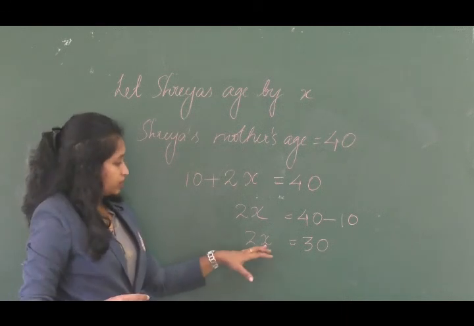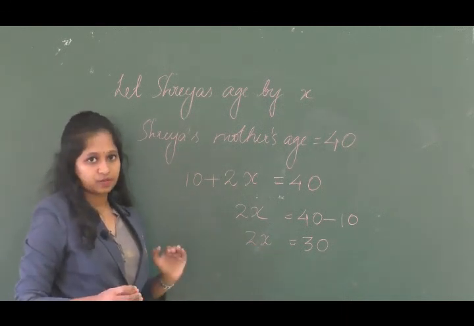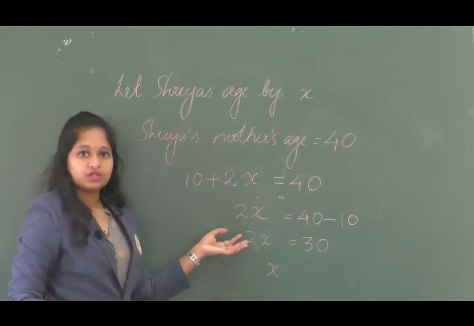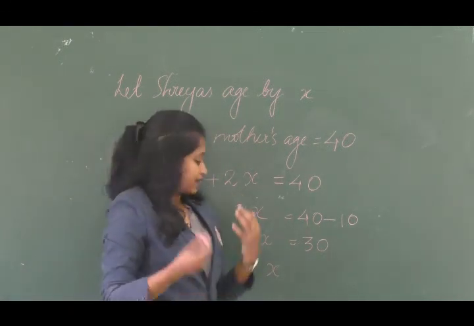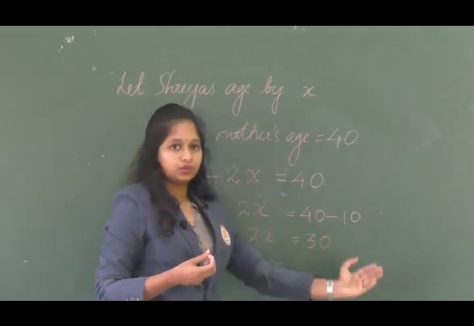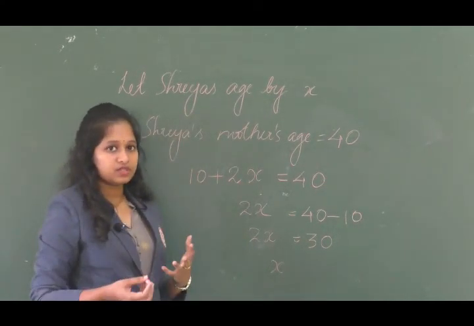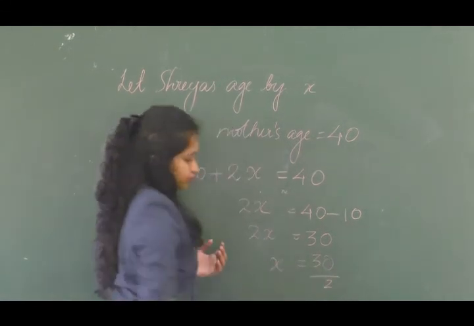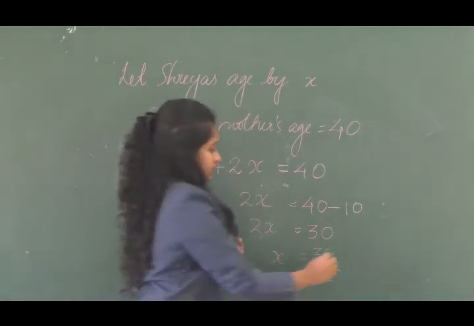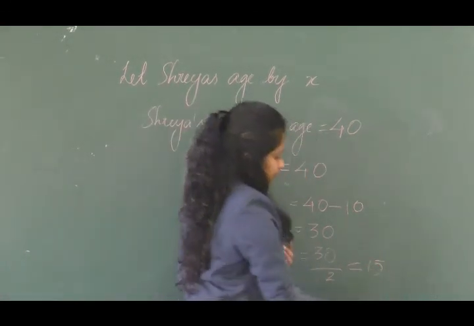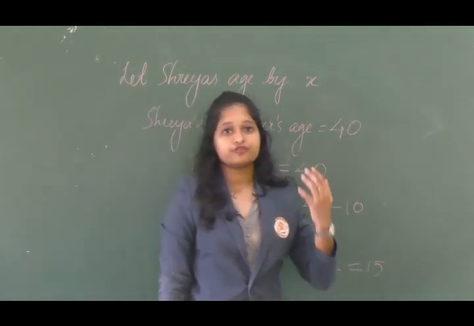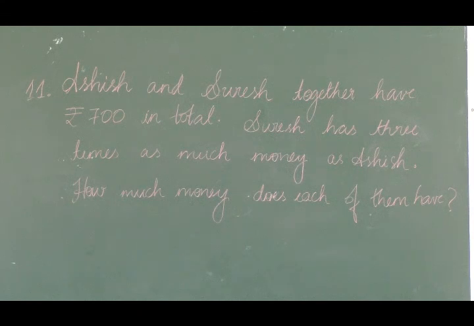Next we need only x in the LHS part. So place x here and 2 is multiplication, so take that to the other side, so it becomes division. So x is 30 by 2. What is 30 by 2? It is 15. So what is Shreya's age? It is 15. Let's learn one more question, which is question number 11.